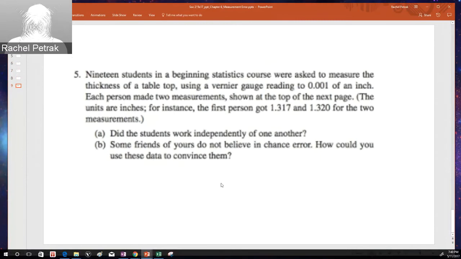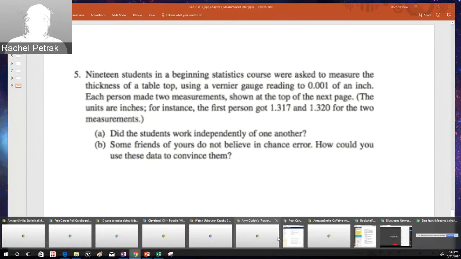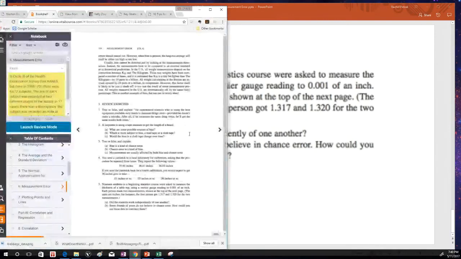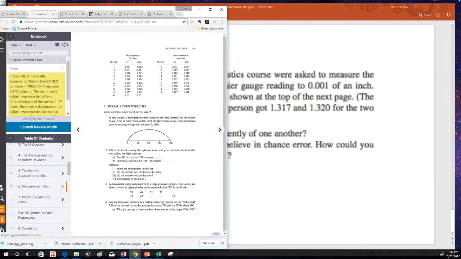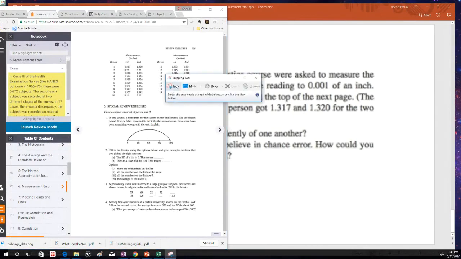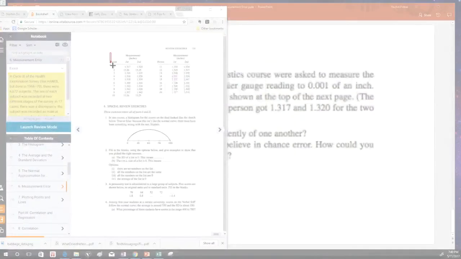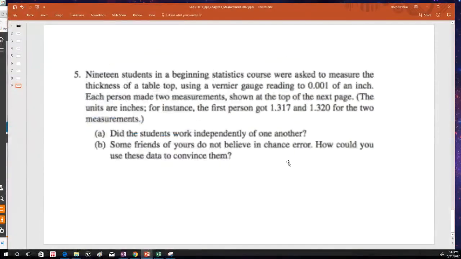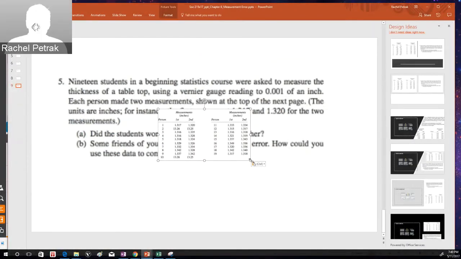Did the students work independently of one another? Well, we have to look. So here are our measurements.